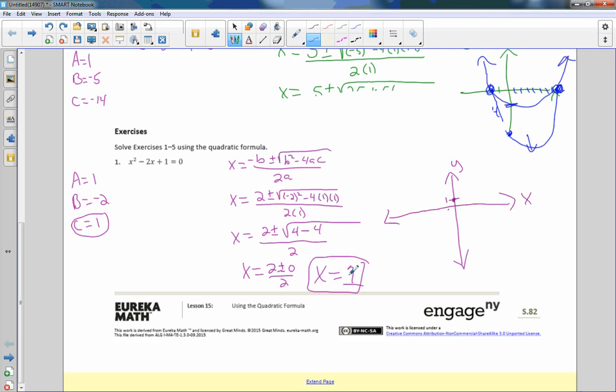And I know my solution, my root, is 1. So if I go over 1, x equals 1 is right here. And when it's only one solution, it's called a double root. And what that means is the parabola is coming down. It touches and goes back up. It does not cross. So my parabola would look like that. That is what this formula is telling us, where these are crossing the x-axis, if they do.